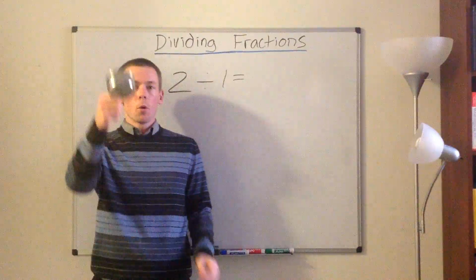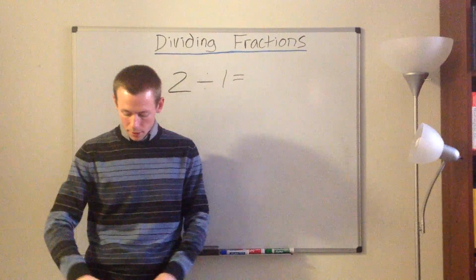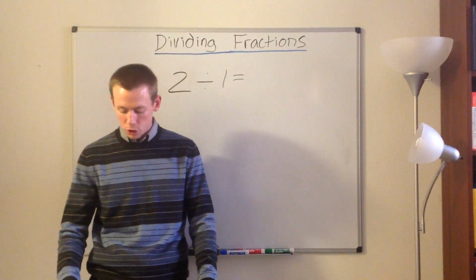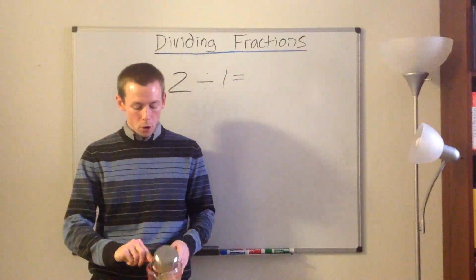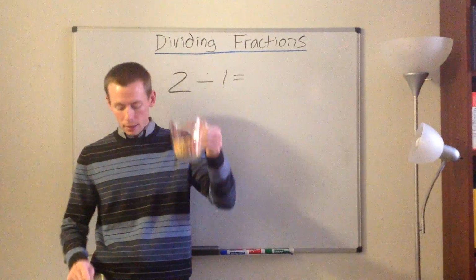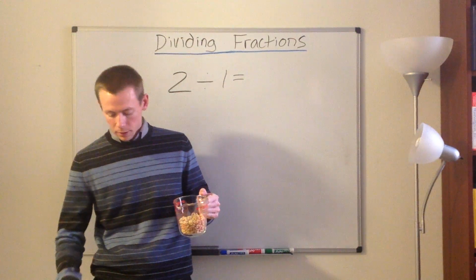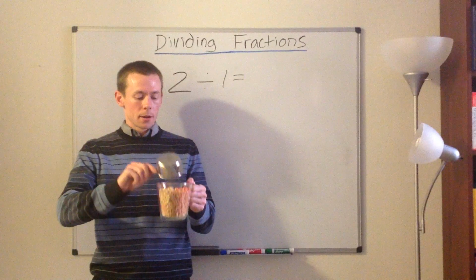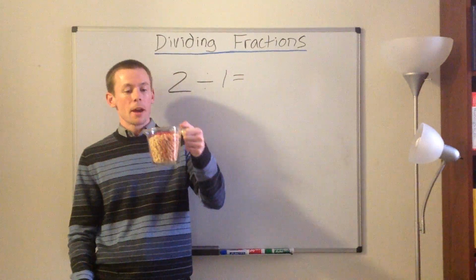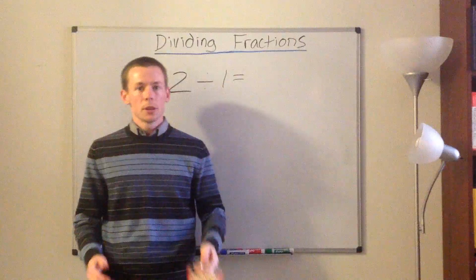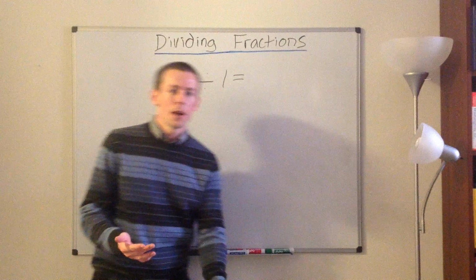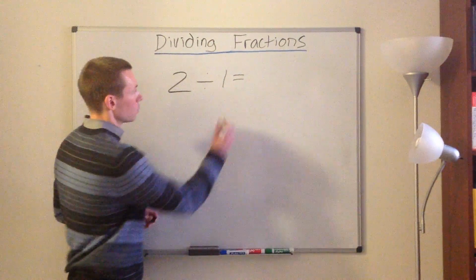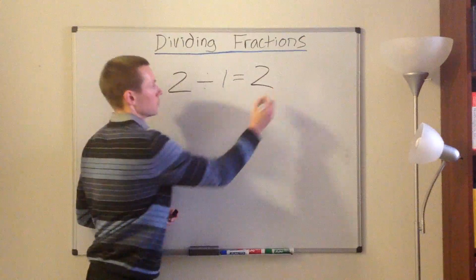If I take my 1 cup scoop, scoop up some Cheerios, pour them in, I'm not quite to the top, pour another cup, and there I hit 2 cups. So this is why 2 divided by 1 equals 2.